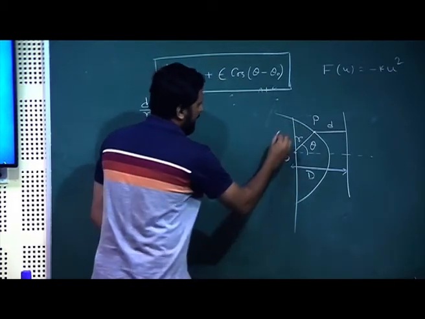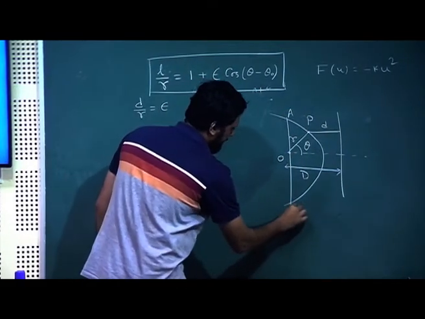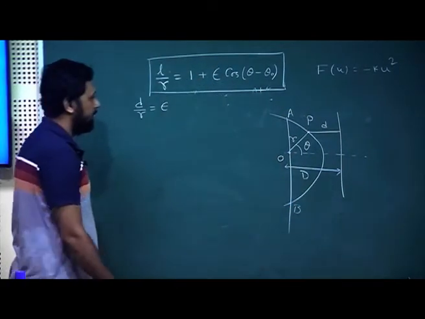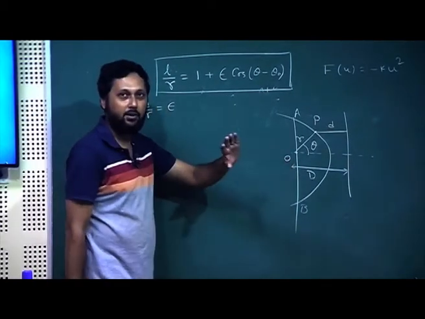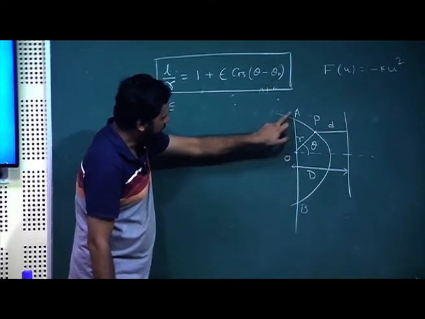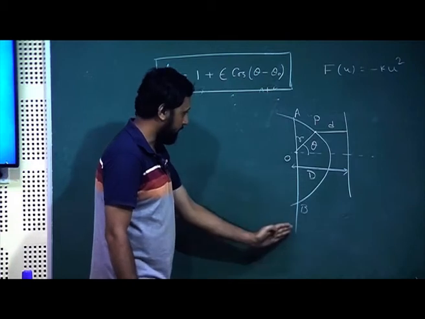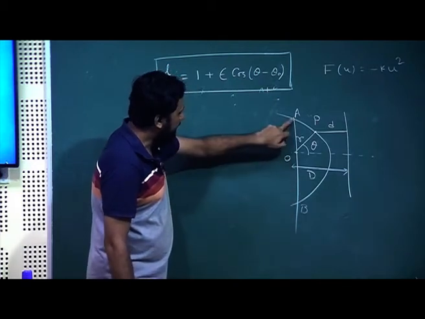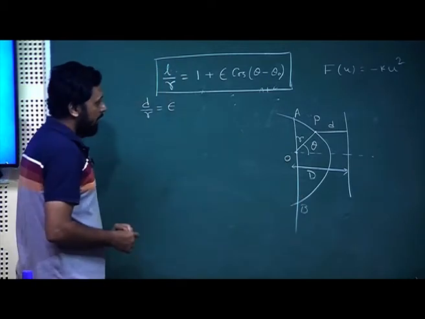Let us call this intercept A and this intercept B. It is not a very symmetric nice drawing, but you get the idea that we are drawing a straight line which is parallel to the directrix and goes through the focus, and we are finding the intercept of this line with these 2 points.